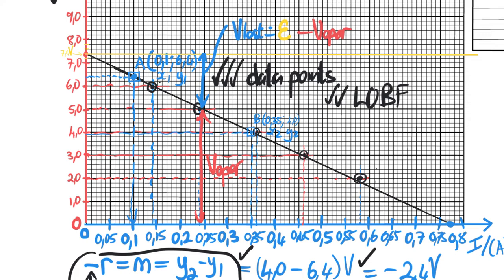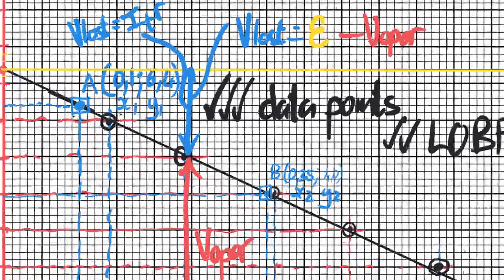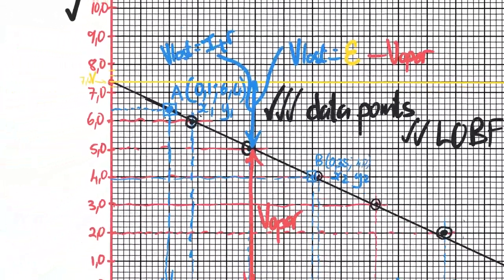So Ohm's law is actually to be found in here, because the lost volts can be described in terms of Ohm's law. V lost is I total times the internal resistance.